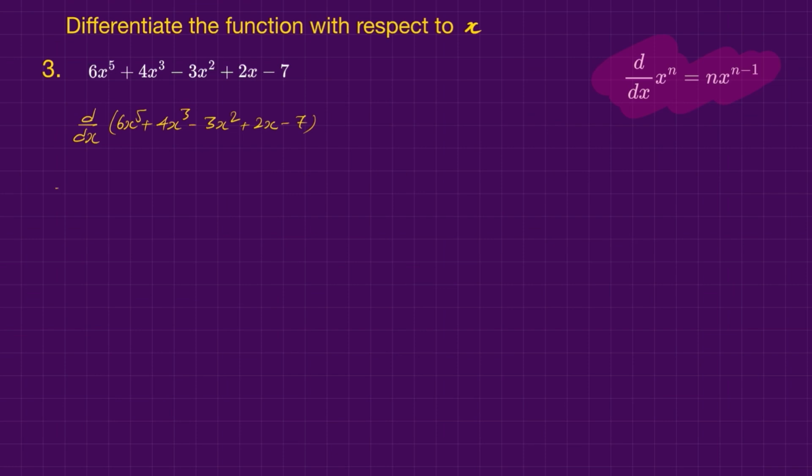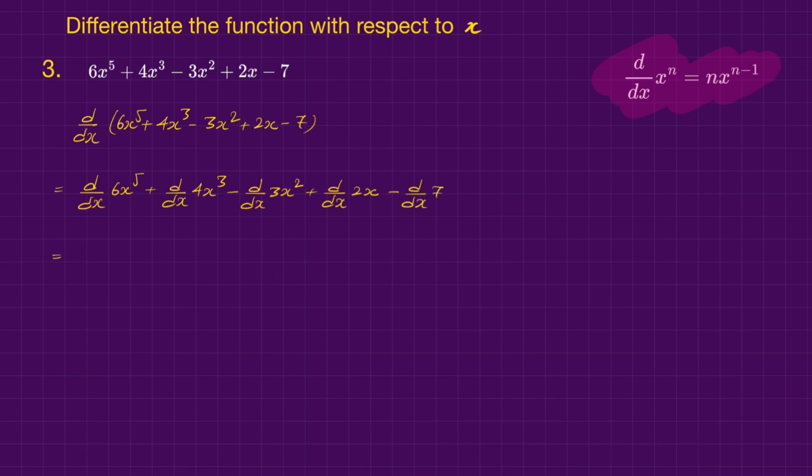Now here, using rule 3, we can distribute this differentiation to individual terms. Then it will be d/dx of 6x to the power 5 plus d/dx of 4x cubed minus d/dx of 3x square plus d/dx of 2 times x minus d/dx of 7.